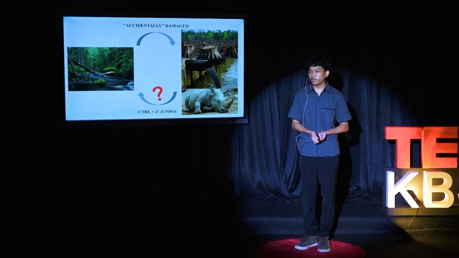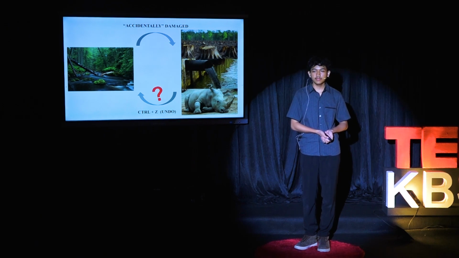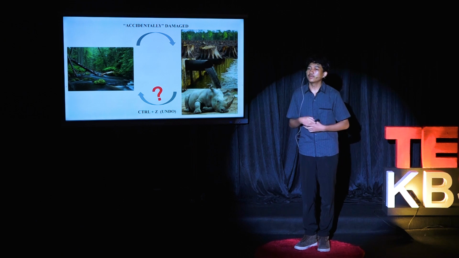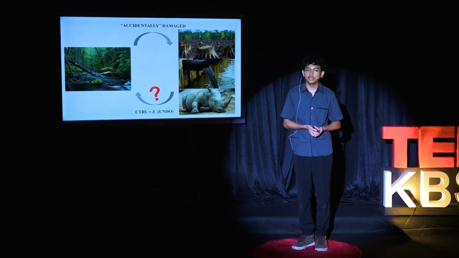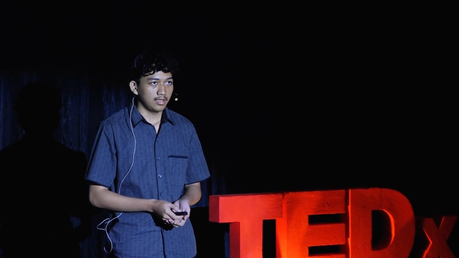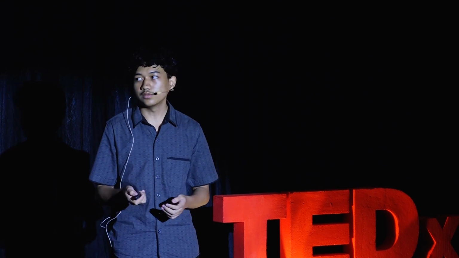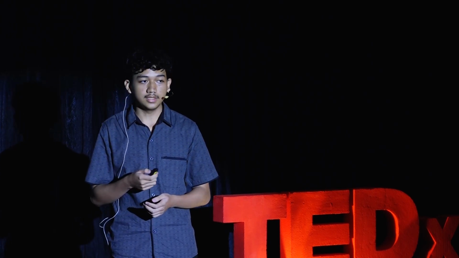So we might wonder, can this shortcut be used to address other types of problems? Problems, for example, where we humans accidentally damage nature. The human race has been living on Earth for about 200,000 years. We develop inventions and technologies to make our lives easier.